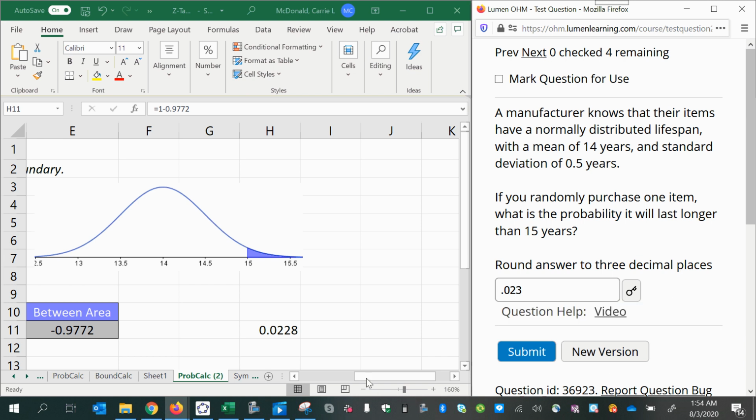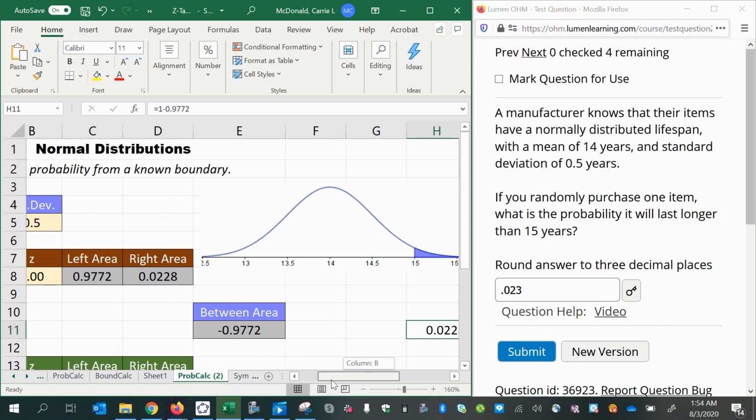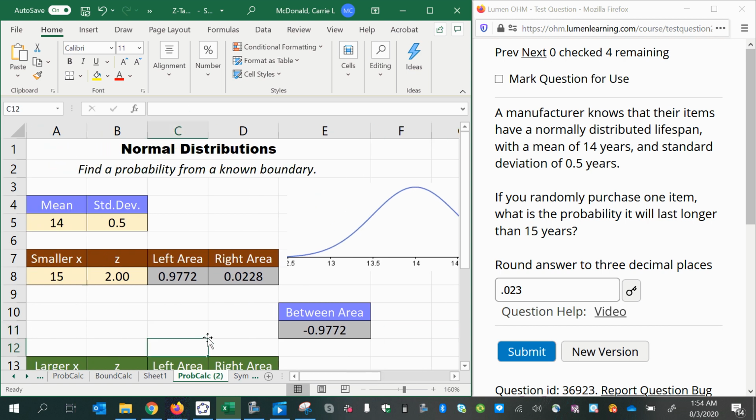Now, you can also get it using norm.dist. So the left area you can see is calculated as 0.9772 using norm.dist, and then the right area is calculated with 1 minus the left area. So let's see how to get that left area again.